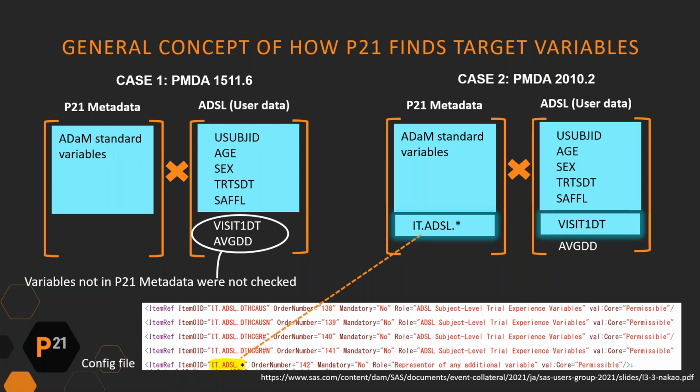And AD0058 is checking that a variable ending DT is not a numeric variable. And ABGDD is a custom variable, so no check will run. This stays the same as 1511.6. So the introduction of star is a new algorithm we added in 2010.2.